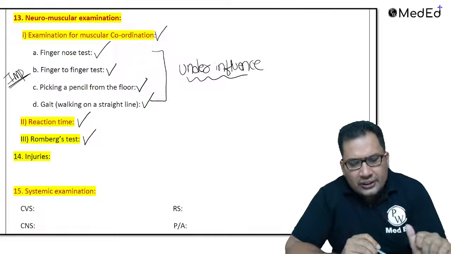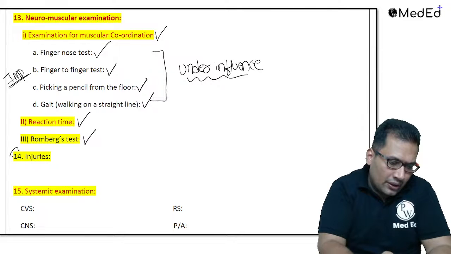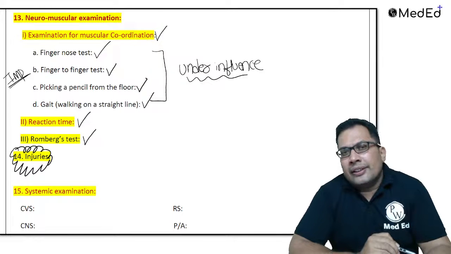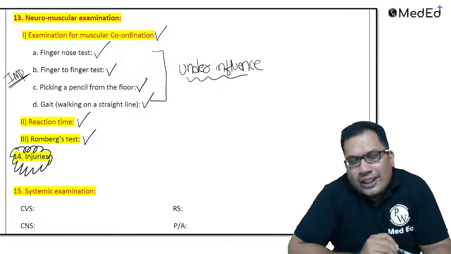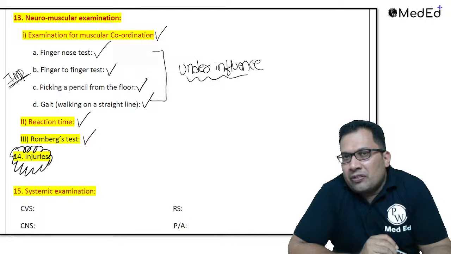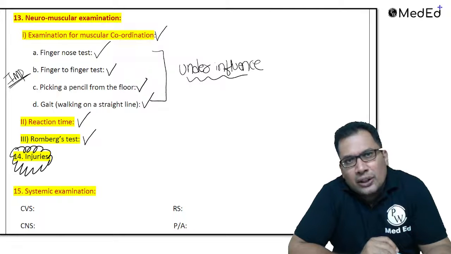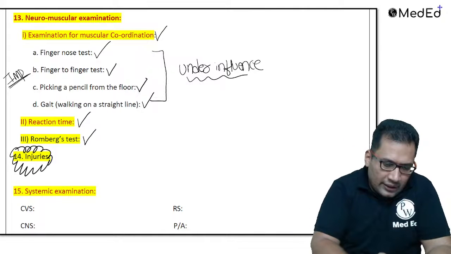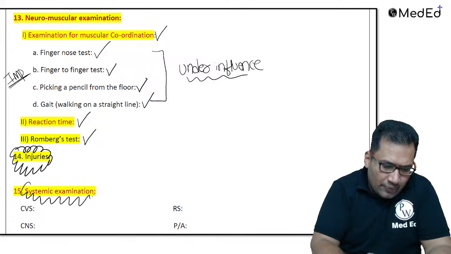The next comes the injuries. Any injuries. There can be a history of road traffic accident. There can be multiple injuries on the body. Or in a case of assault, there can be injuries. If any injuries, you need to mention. Then systemic examination.